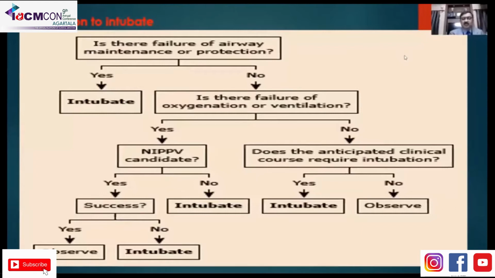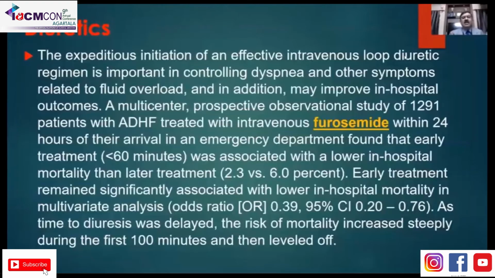should be intubated. Now, diuretics are an emergent therapy in acute decompensated heart failure, and it is the first choice of pharmacological therapy in these patients. IV furosemide or torsemide, whatever is the particular individual physician's choice, should be instituted at the earliest, preferably within 60 minutes of presentation.